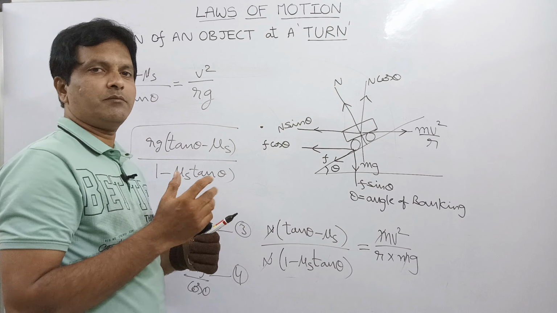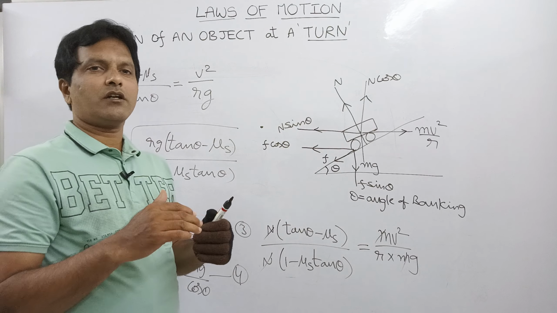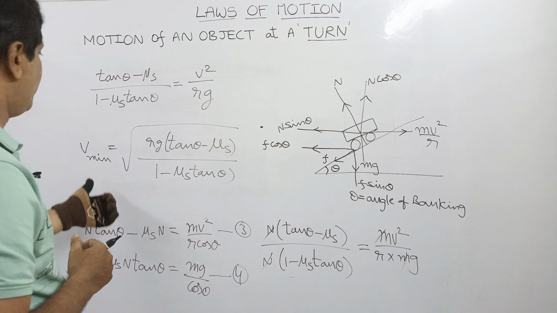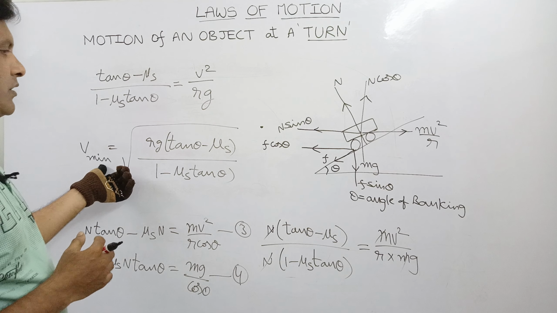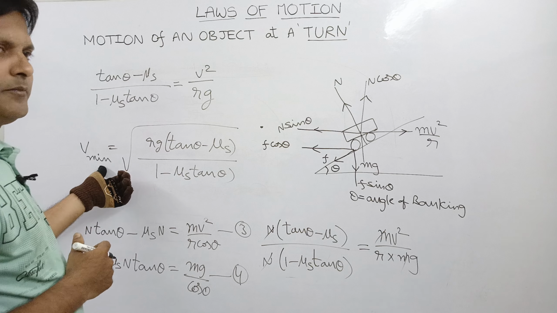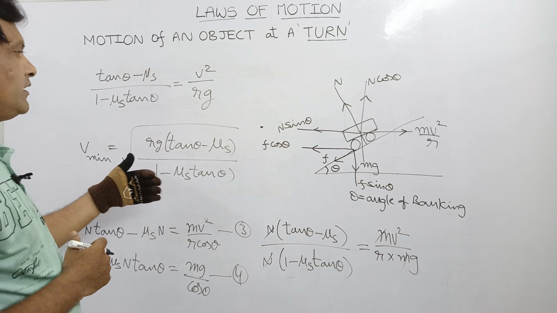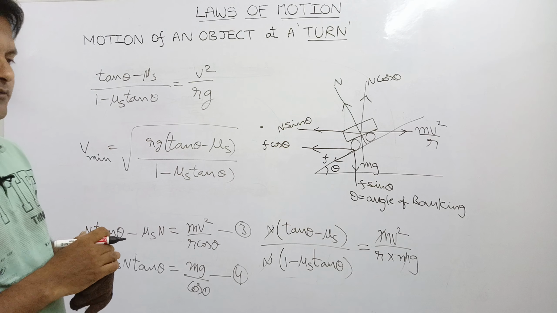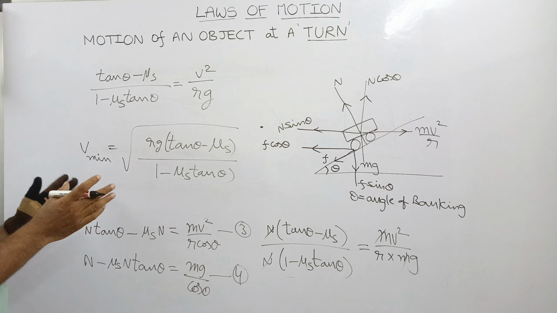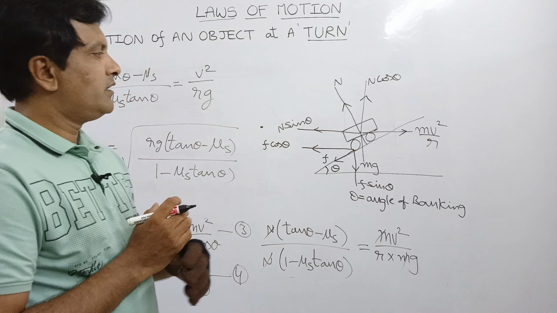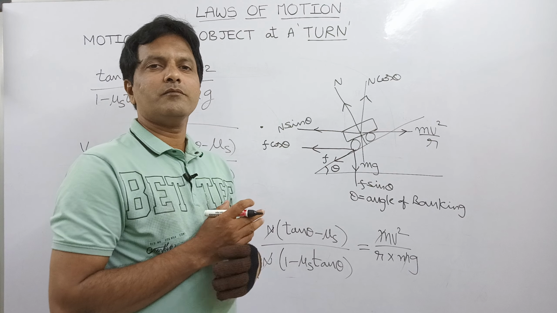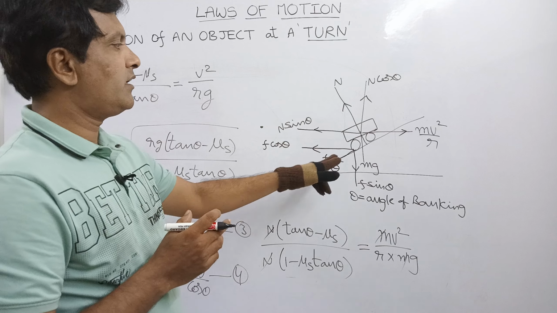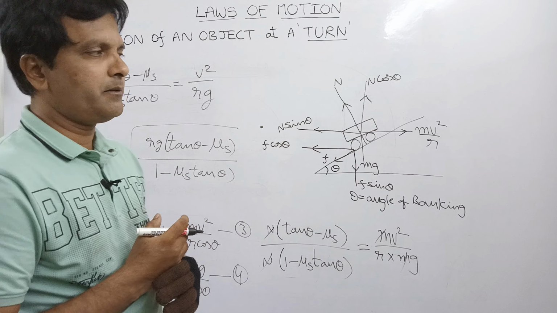Maximum limit means it should not cross that limit. V minimum means it should not be less than this, so that it does not fall down the inclined plane. So V maximum and V minimum are the limits we set while the vehicle is moving in a turning on a rough inclined road.